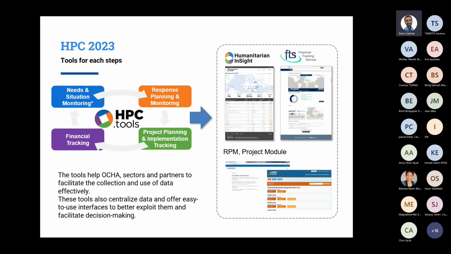For instance, RPM allows us to prepare the planning and monitoring, the response planning, and to do during the year the monitoring. And the project module allows us to prepare the strategy and the planification. And FTS allows us to have the monitoring of the funding during the year and to do the financial tracking.